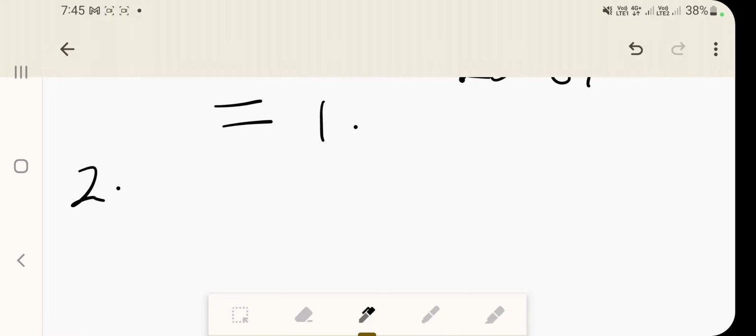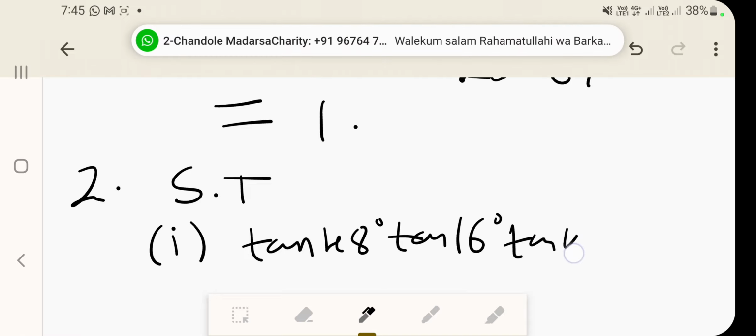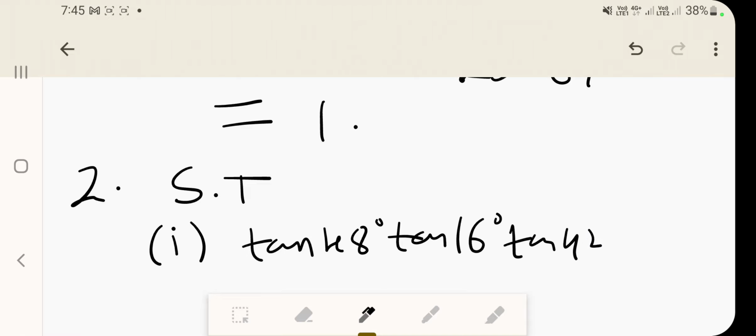Next we have some more problems. They are asking to show that, first one we will see, tan 48 degrees into tan 16 degrees into tan 42 degrees into tan 74 degrees is equal to 1.